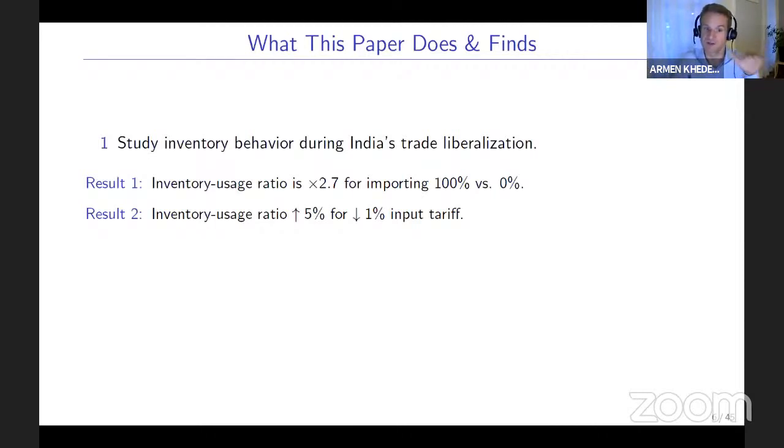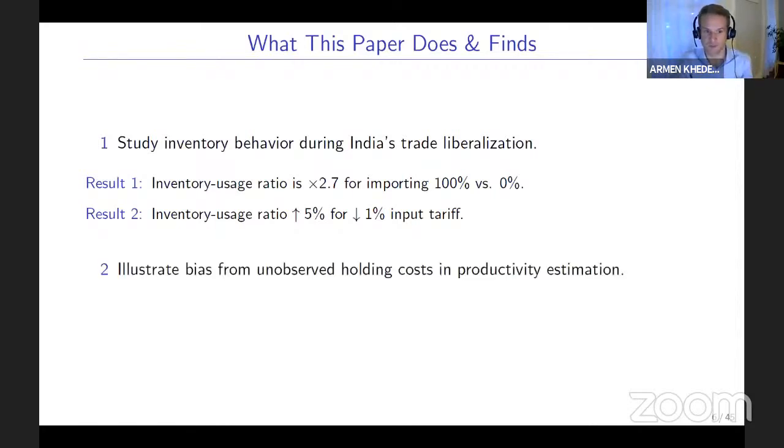Similarly, there's a direct link between input tariffs and the inventory usage ratio, and that elasticity is around 5. We illustrate that these costs from holding inventories might lead to biases in the estimation of productivity, and we propose a correction method that implements a control function in that estimation.